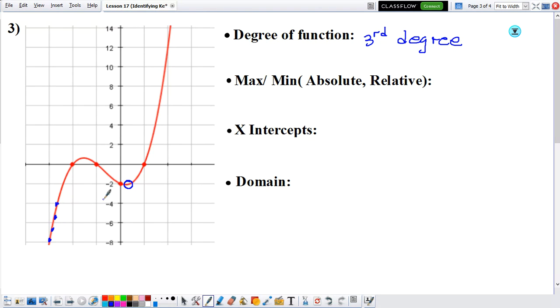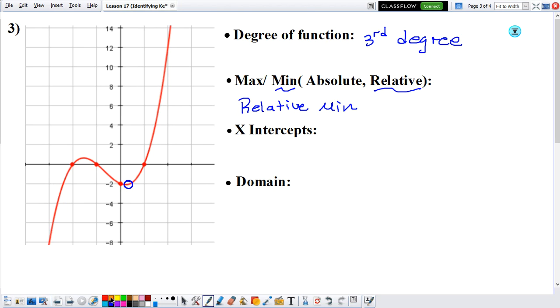They're definitely lower than this point. So it's a low point. It's not the lowest point. So this point, we're going to call a relative minimum, which I did in blue.